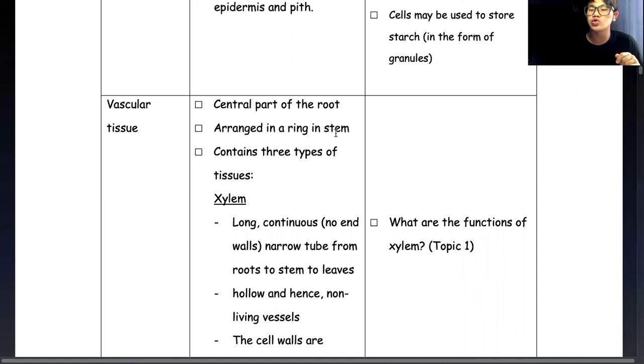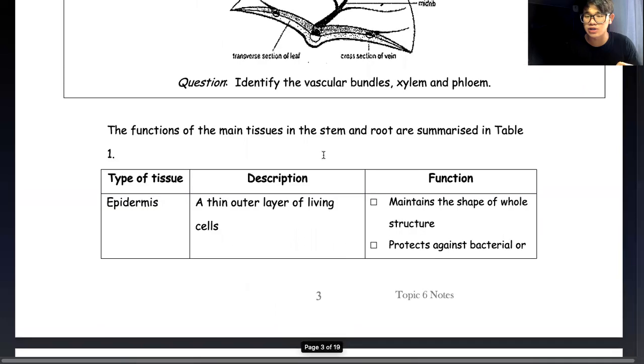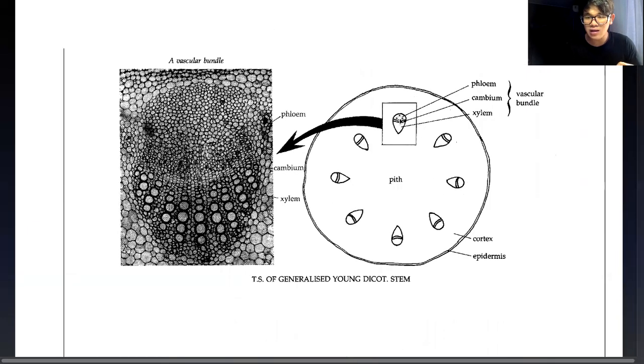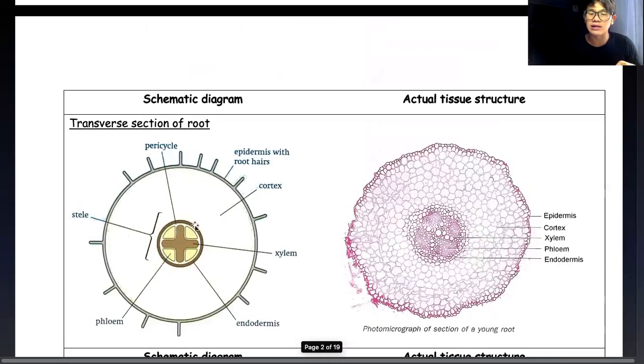So ia kena susun macam arah bulatan, dalam bentuk bulatan, arah stemnya. Okay, kalau arah roots ia yang tengah-tengah, which is true. Kalau kamu lihat sini, ini lah. Bersusun, it forms a ring, a circle. Okay, whereas kalau arah roots, ia central, ia tengah-tengah.